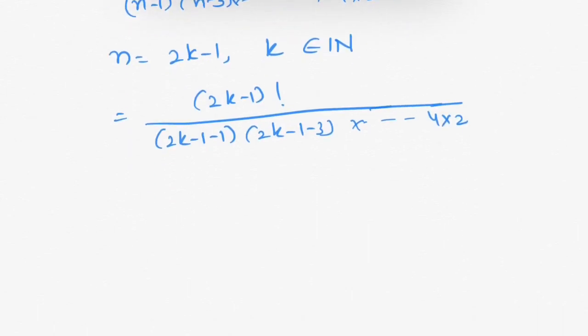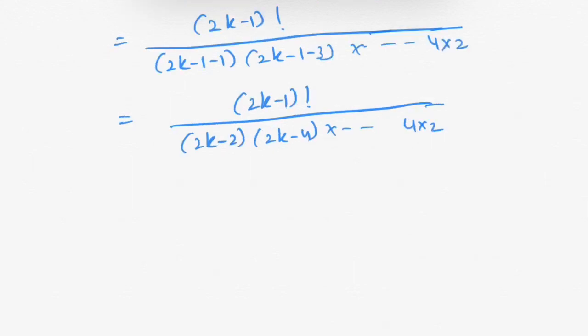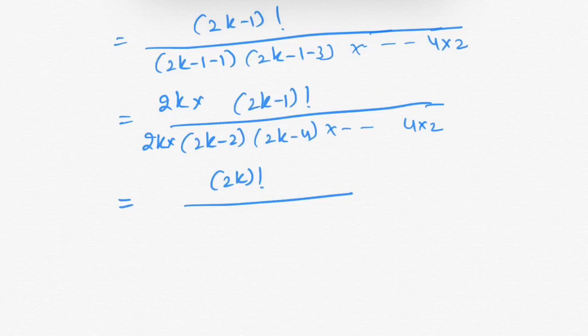So writing the numerator as it is, 2k minus 1, and the denominator is 2k minus 2, 2k minus 4 and so on, 4 into 2. Now multiplying the numerator with 2k and the denominator with 2k, the numerator will become factorial of 2k, and the denominator will become double factorial of 2k.